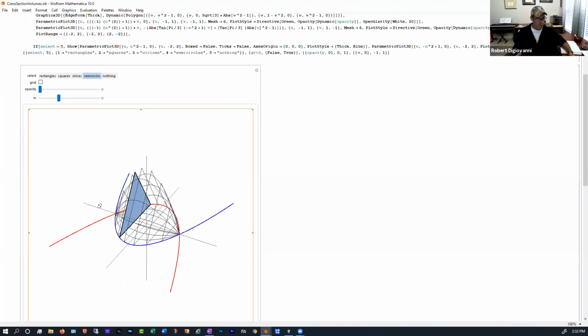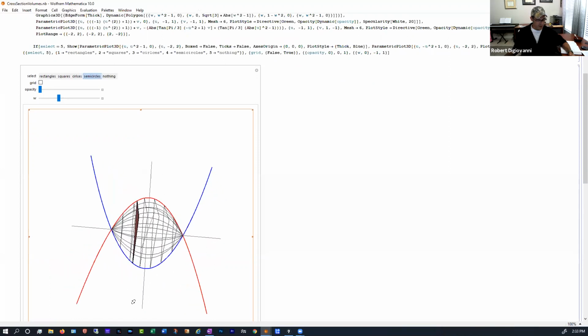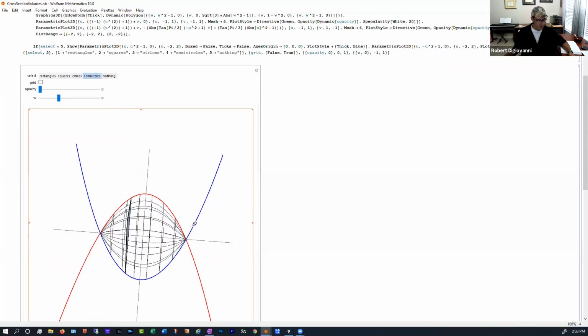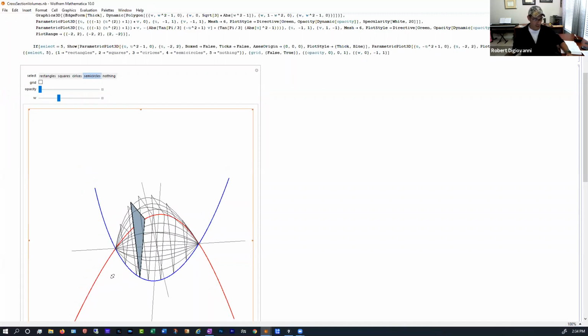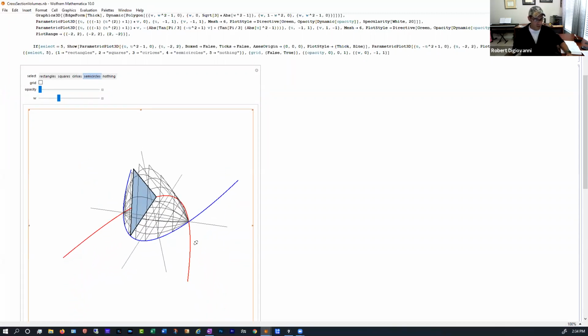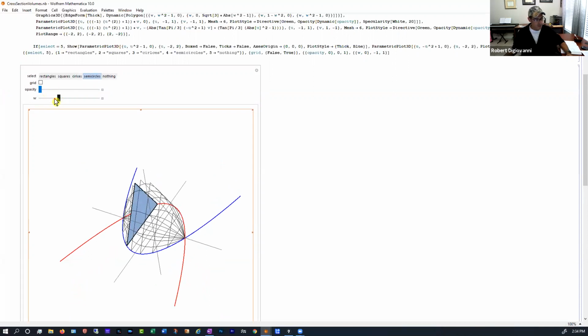Okay, so let me illustrate here. We've got a solid. Ignore all those little mesh lines. Just look at the blue and the red curves. The region bounded by those curves is the ground, the bottom of this solid. And then as we take cross sections, so now I need to look at this from the side. Notice that the cross sections are equilateral triangles.